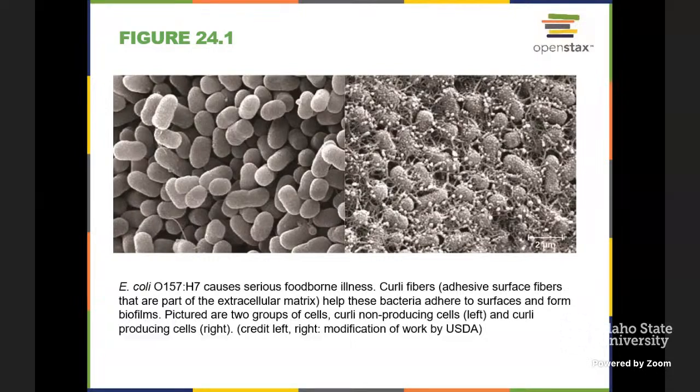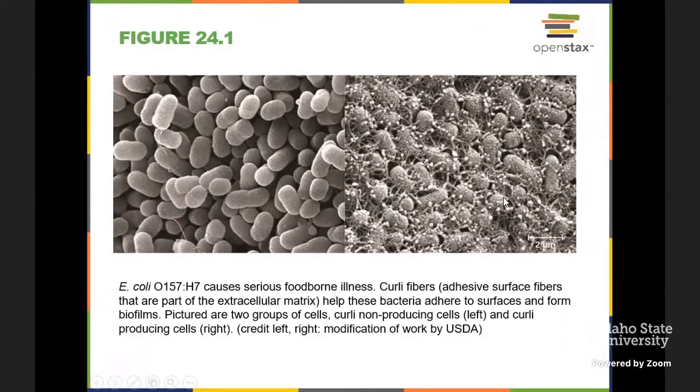There are numerous toxins that can be secreted, different factors that may be released from these organisms, stimulating all sorts of pathogenicity in the host. Bloody diarrhea is a common one with O157. So we've got two images of our E. coli, and next door, all of this sticky-looking stuff, these curly fibers.